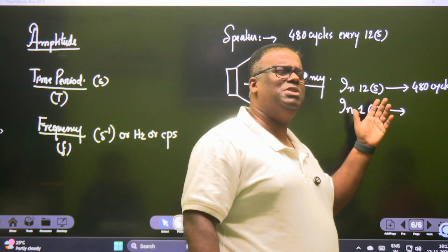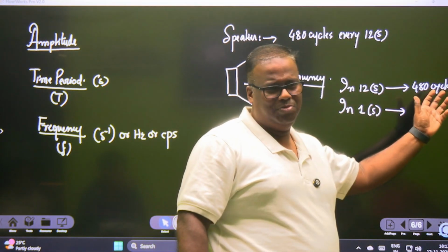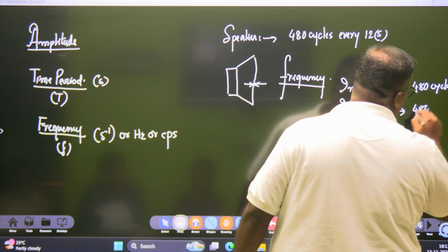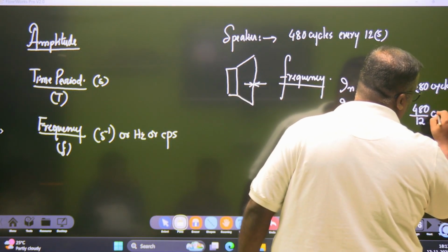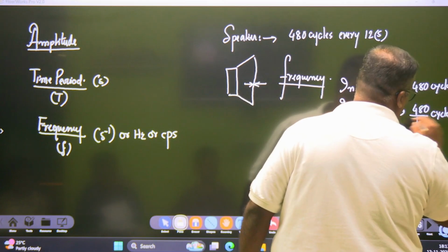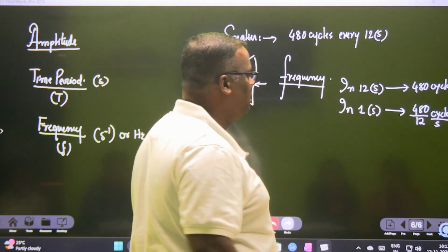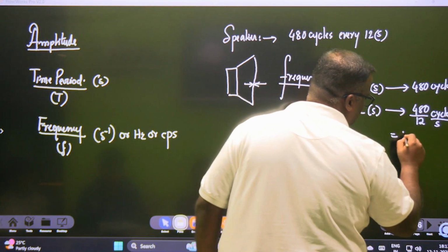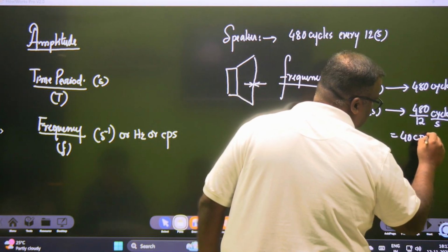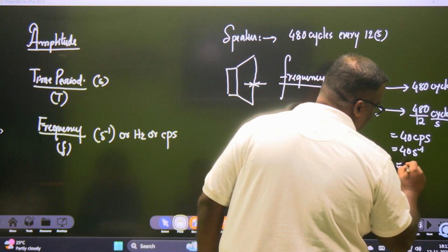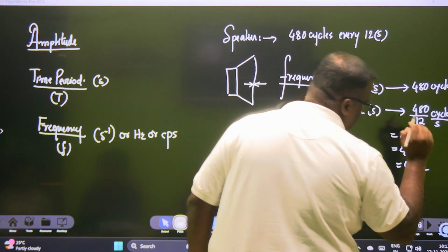Convert everything to rupees, paisa like this. So many pens cost so many money, like that. So we will be doing 480 divided by 12. Above, there were cycles, son, below, seconds came. So it becomes 40 cycles per second, which means 40 second inverse, which means 40 hertz.